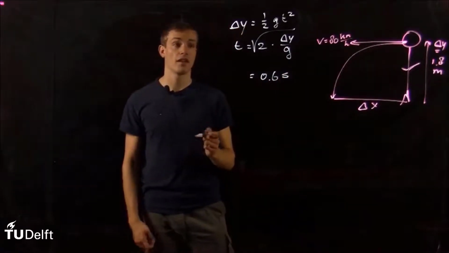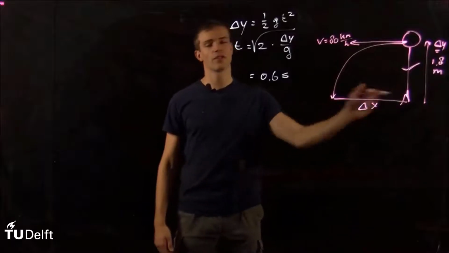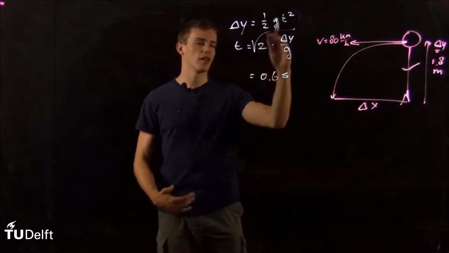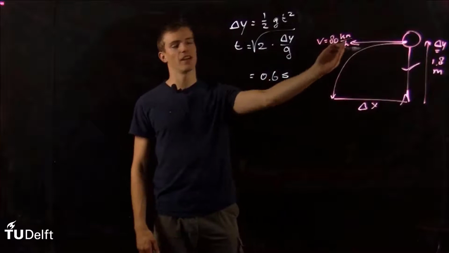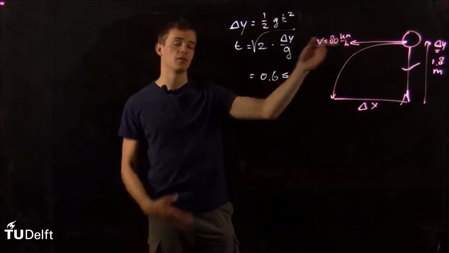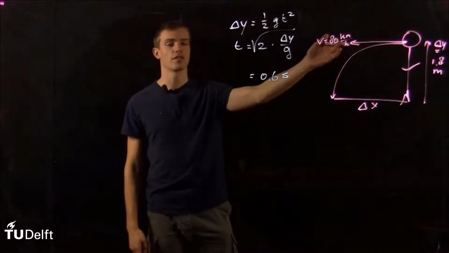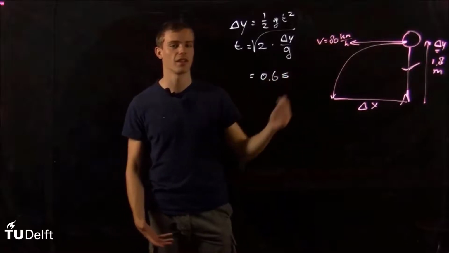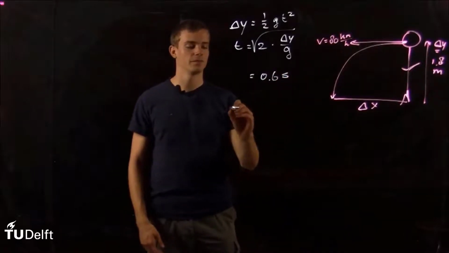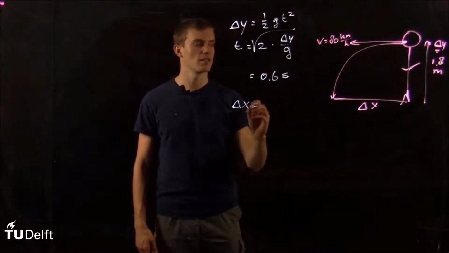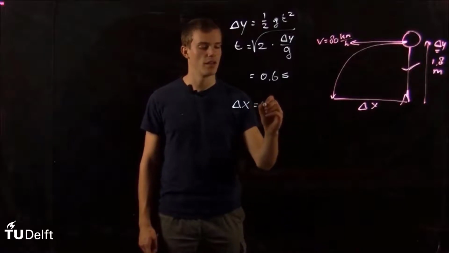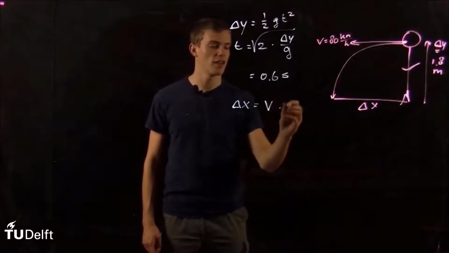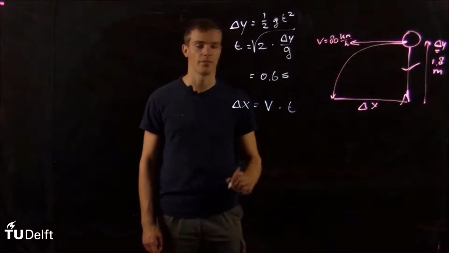Now we want to calculate the horizontal distance, so we multiply the time we have calculated with the velocity. The horizontal velocity is constant because we neglect drag force. So delta x is equal to the velocity times the time.